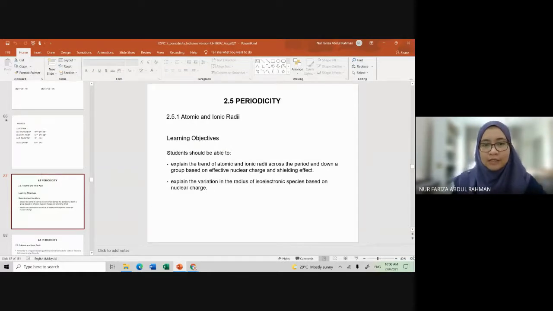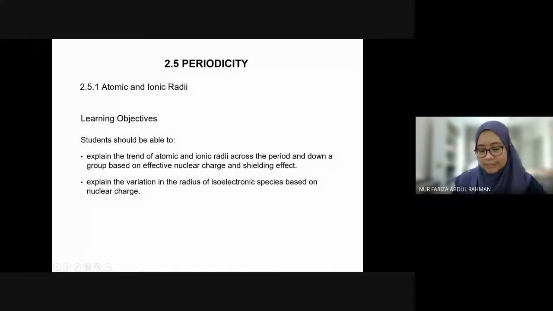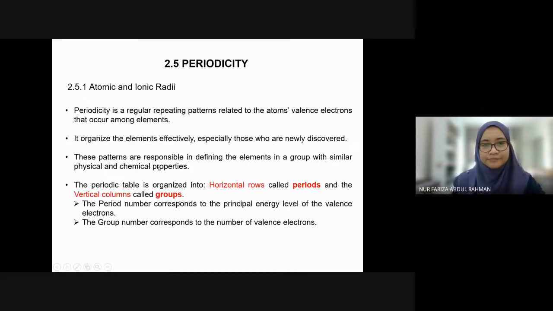We have two learning objectives for this subtopic. Make sure that you can cross off these two learning objectives once you have completed the subtopic.